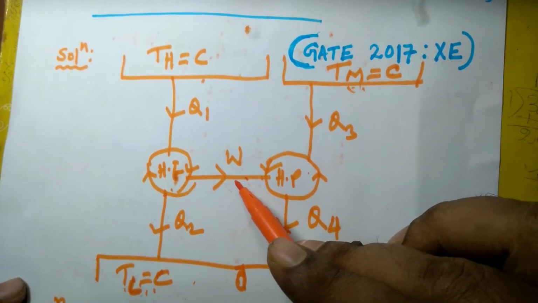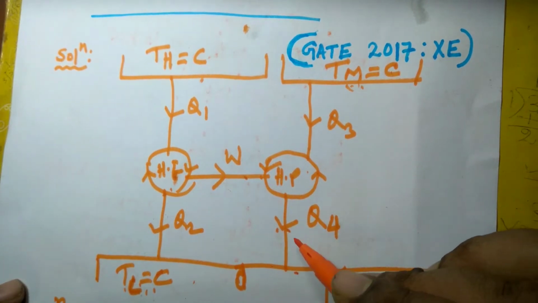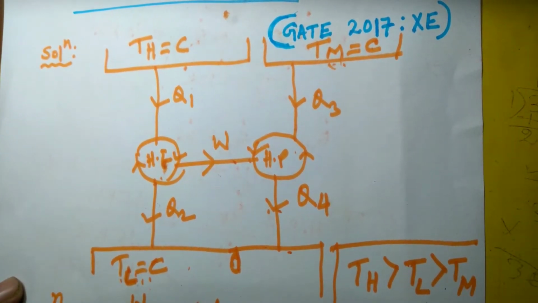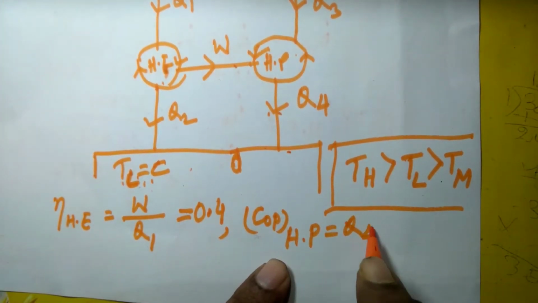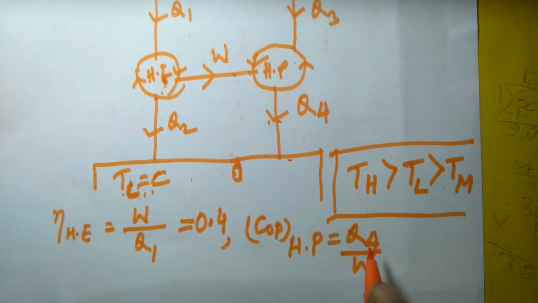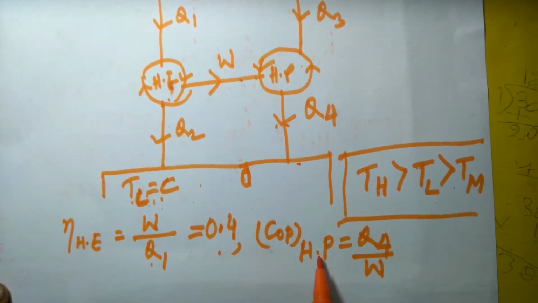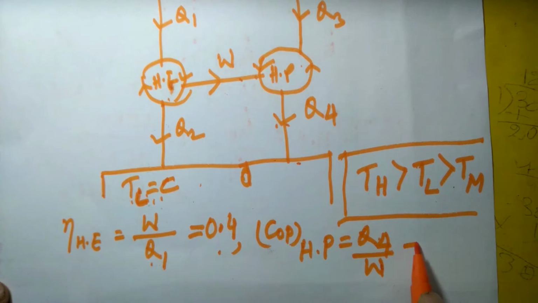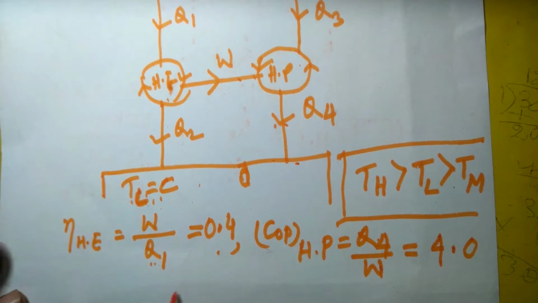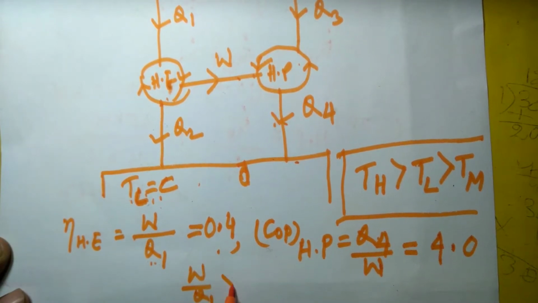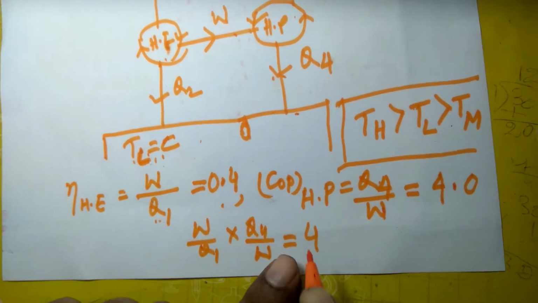This W, whatever work is produced by the heat engine, is the work input to the heat pump. So the COP of this heat pump is Q4 by W, given to be 4.0. W by Q1 is 0.4 and Q4 by W is 4.0.